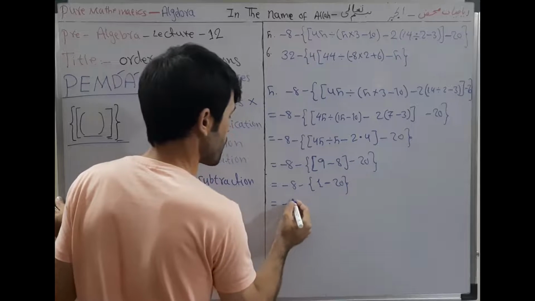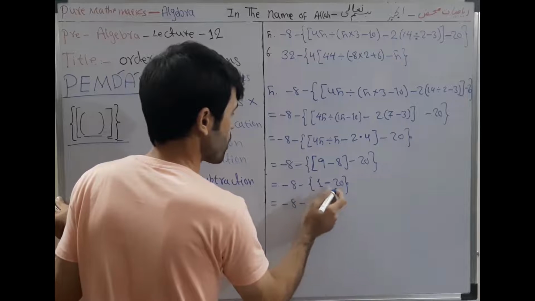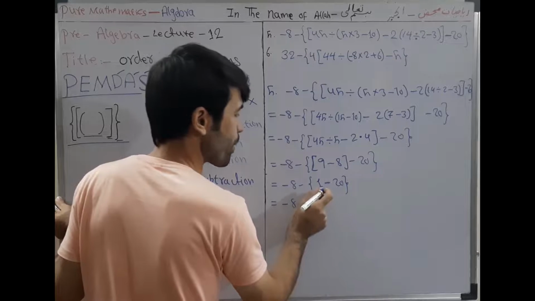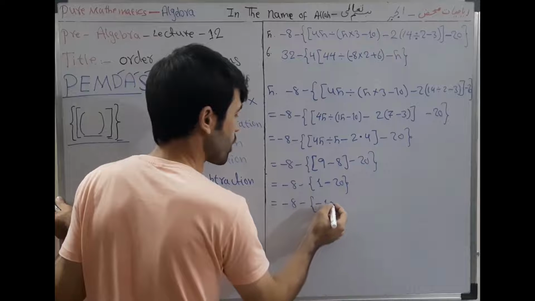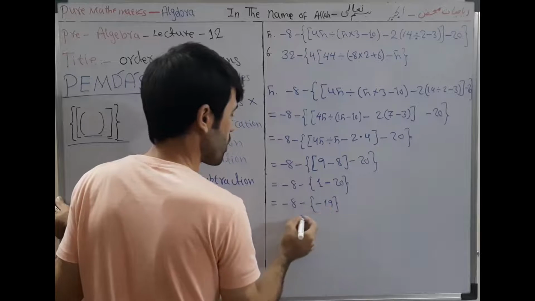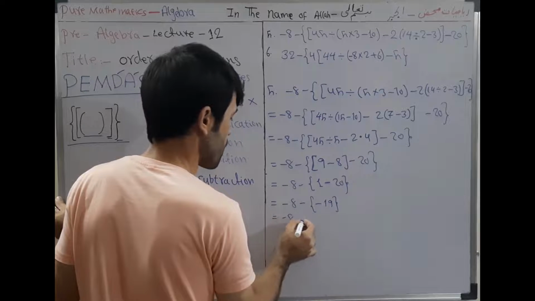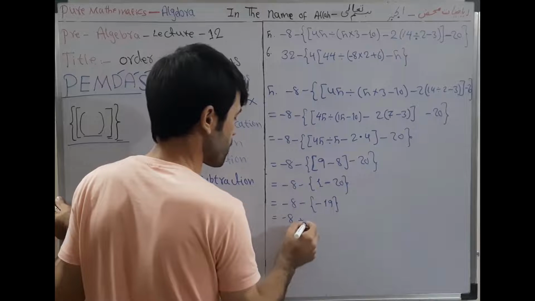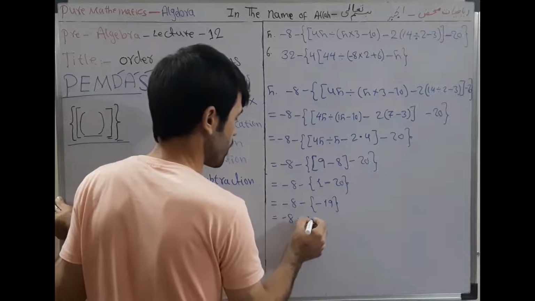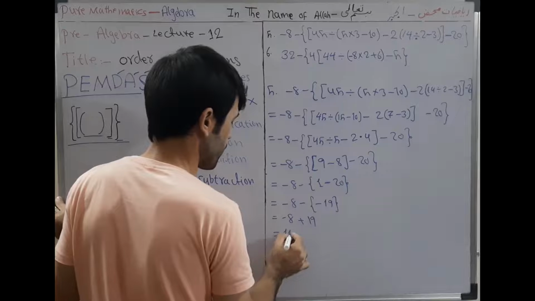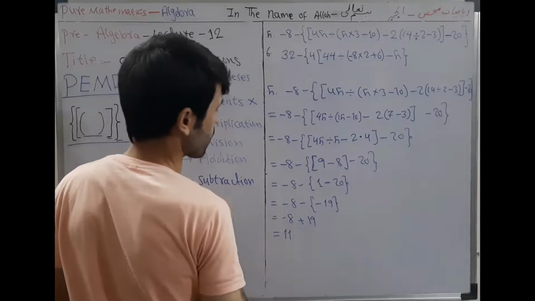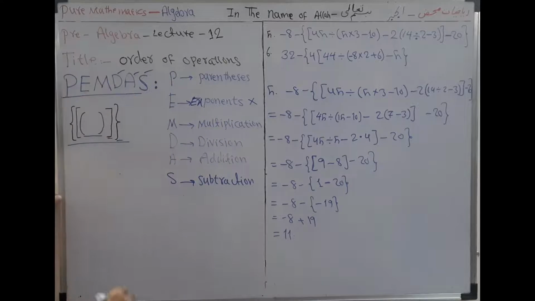It is equal to minus 8 minus 1 minus 20, which is minus 8 minus minus 19. Minus multiplied by minus is positive, so plus 19. It is equal to 11. That was question 5.